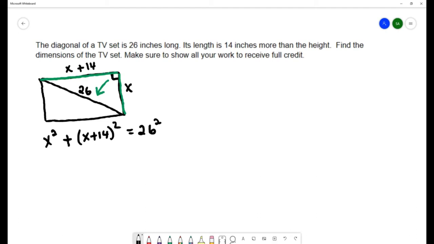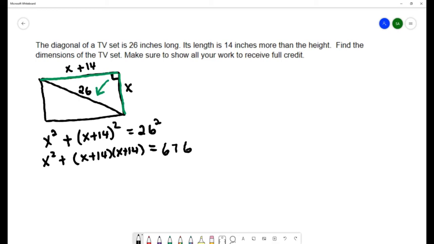So we have x squared, and we need to multiply out x plus 14 times x plus 14. We need to know what 26 squared is. That's 676.